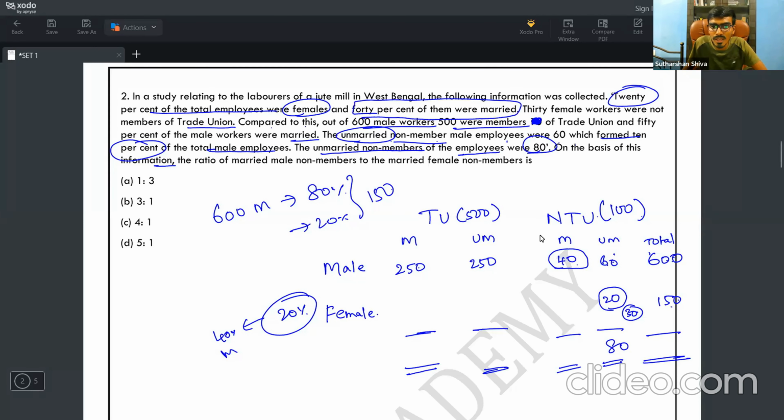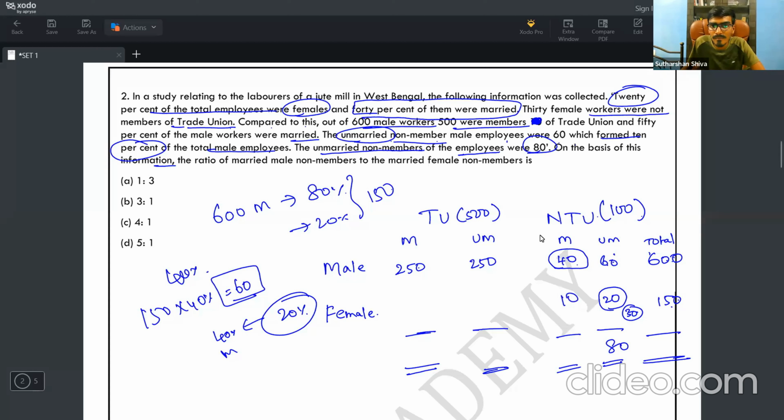So on 150, 40% are married. Calculate 150 into 40%, it is going to be 60. Out of 60 married, 30 workers were members of the trade union. The rest were not members of the trade union. It means here it is going to be 10.